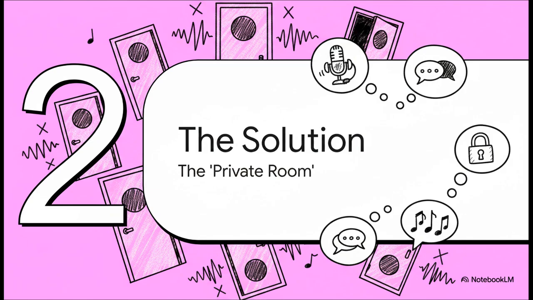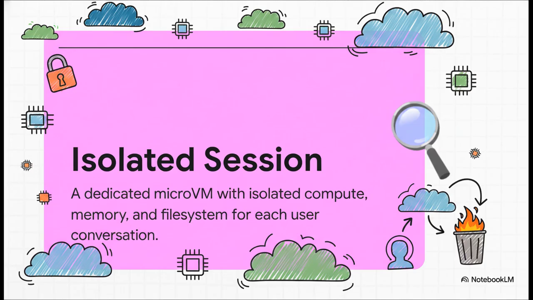So how does AgentCore pull this off? Well, the solution is a beautiful metaphor, really. It gives every single conversation its own private, totally soundproof room, a dedicated space where whatever happens in that conversation stays in that conversation. And here's the cool part, that's not just a metaphor, it's the actual technical reality.